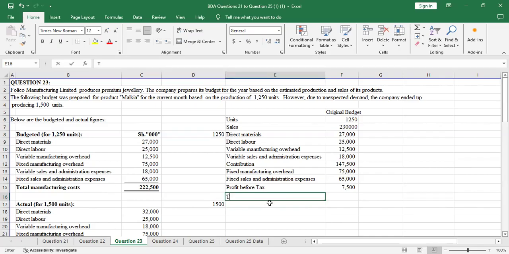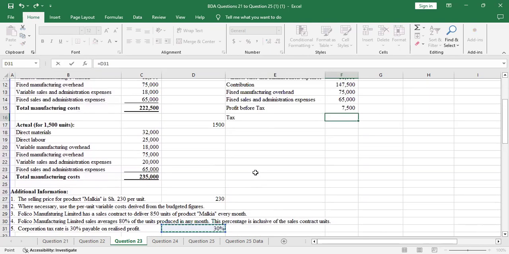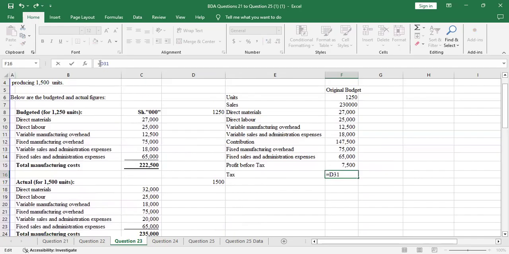So the tax was 30%. So I'll just pick the tax rate here and lock it because I'll use it even when it comes to flexible and the actual. So allow me just to lock it completely. Then I'll create a negative sign because I'll want it to be negative times the profit before tax.